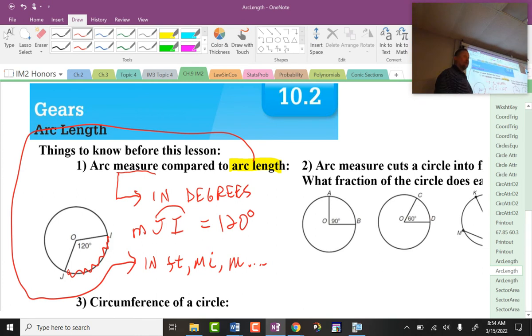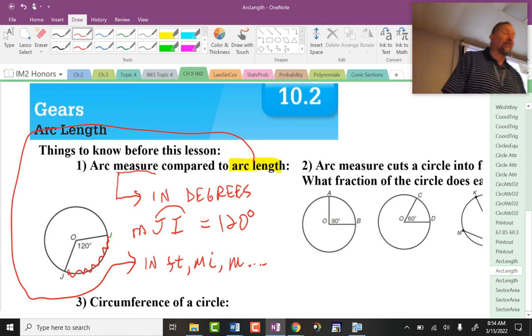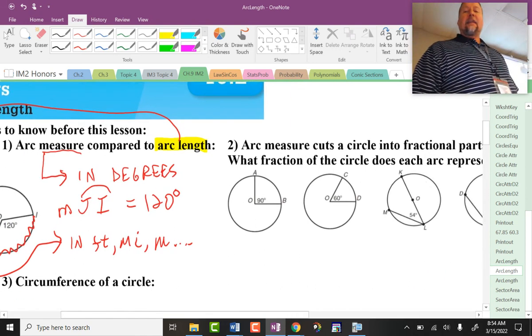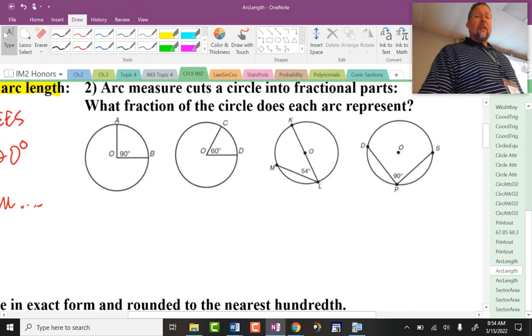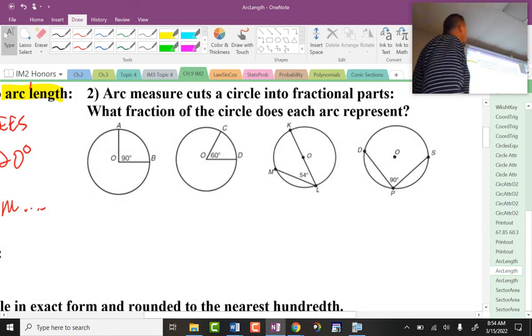Well, it could be actually a bigger circle. If it's in miles, then it could be me. And say you're doing a circular track, right? How many miles would I walk along that edge if this was the size of that arc length? All right, so understand that difference, and then truly understand this.